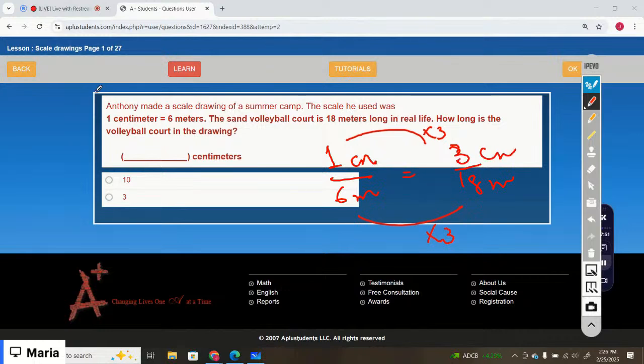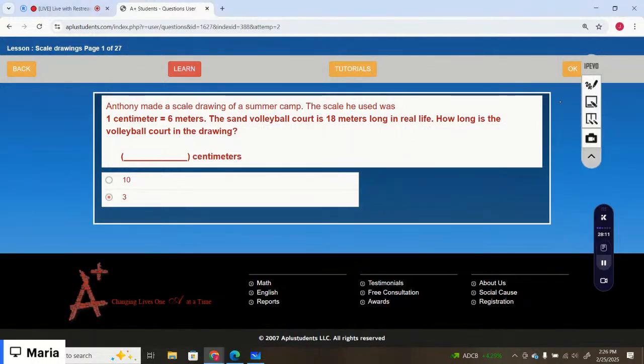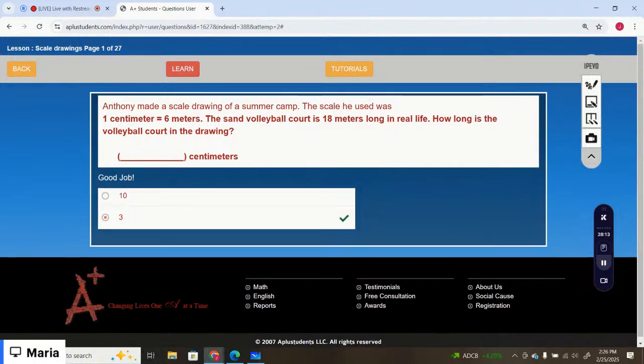The correct option is option number 1, that is 3 centimeters. Option number 2 is the correct option.